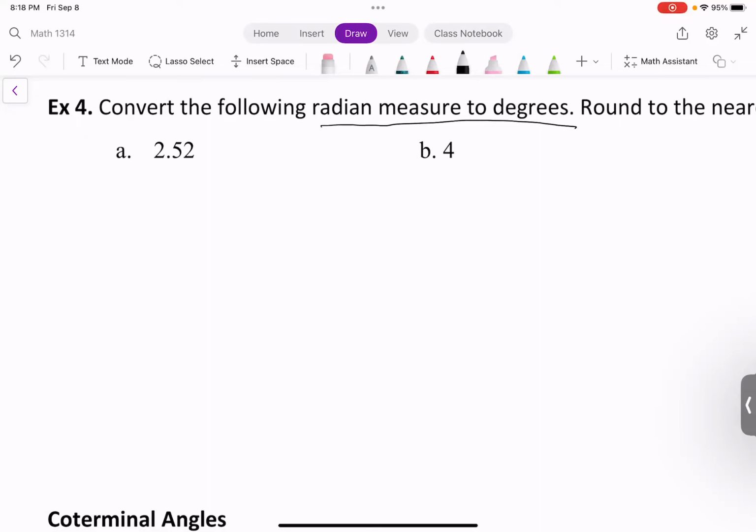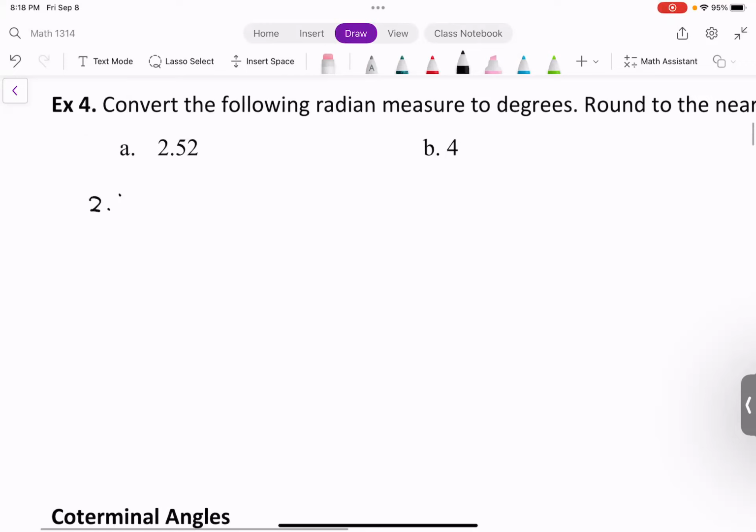I found why I'm making a mistake, because I look at this and say something else. All right, from radian to degree, 2.52. I need to multiply by something, then get a degree here. So what should I multiply? That must be 180 degrees over pi.